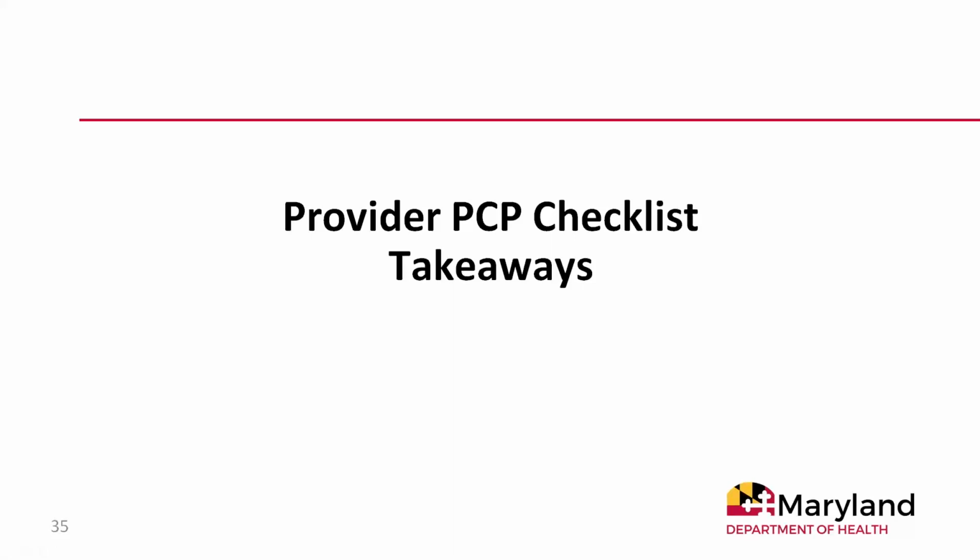Okay, so the top 5 PCP checklist takeaways. Number 1, this checklist is not required, but it is highly, highly recommended. Number 2, please ensure that the PCP reflects the right waiver, the right services, the right units. It's really important to be making sure that you're checking those things and that what you're accepting is what you're able to provide in the waiver that you're able to provide it, and that it reflects the services that the person needs.